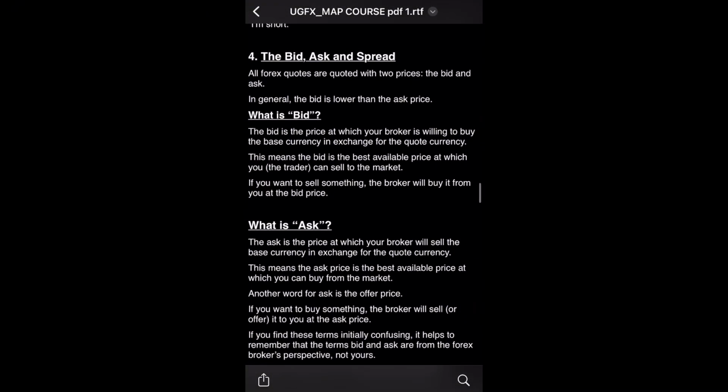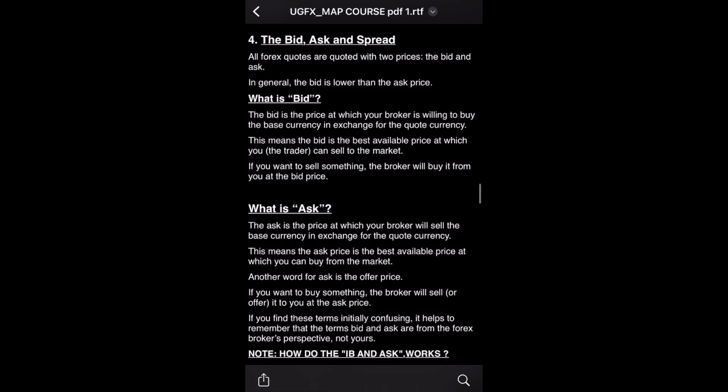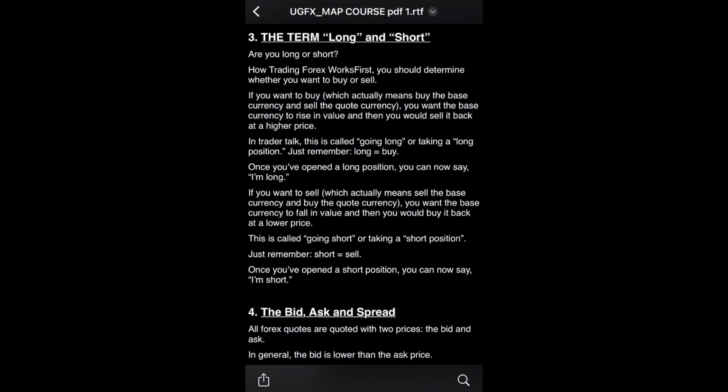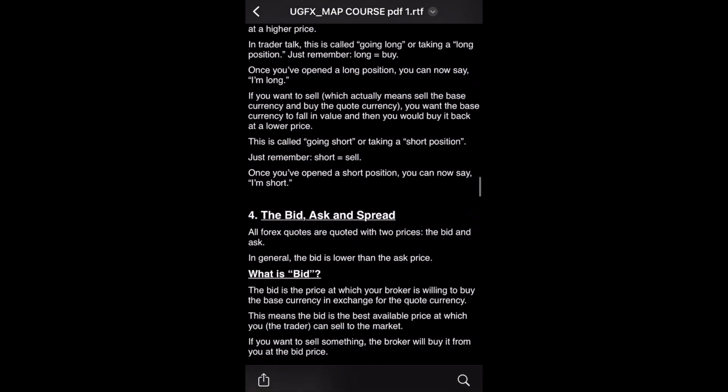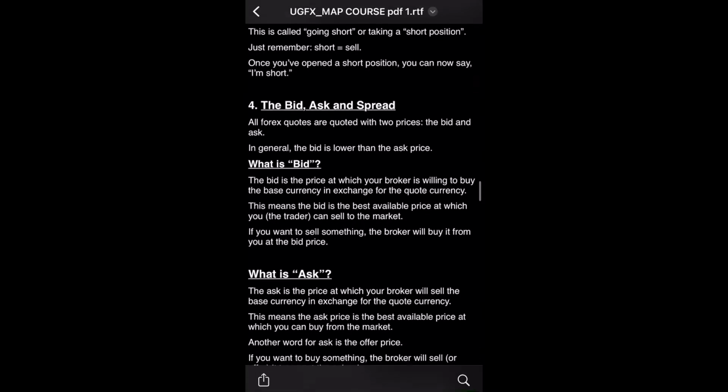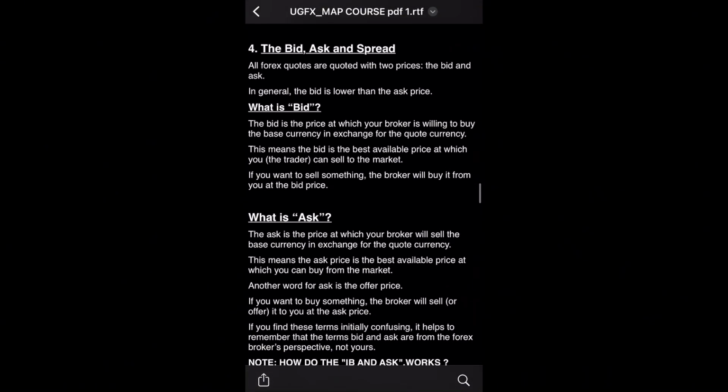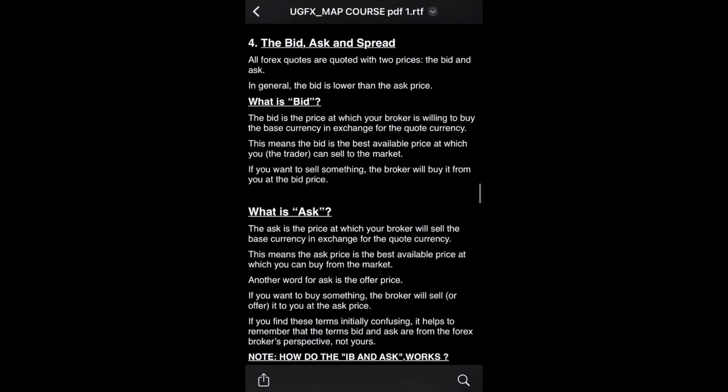So this is what they are trying to say. Once you place your buy on the quote currency, definitely the base currency will go down while the quote currency will go up. If you place your bid on the base currency, the base currency will go up while the quote currency will come down. So that's what they are trying to say here.